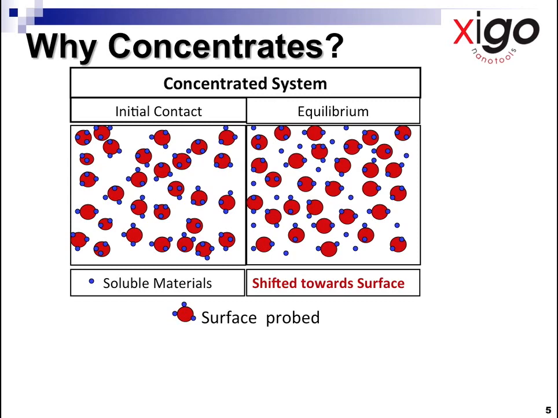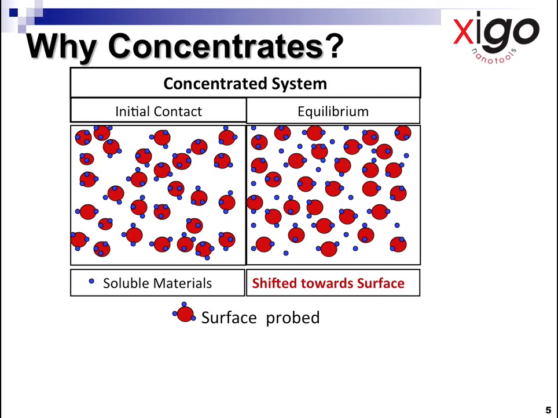So what we see is, in fact, in here, the equilibrium is shifted towards the surface because there's only a small amount of soluble material, because at some point, because you have high concentrations of particles, you reach the solubility limit of anything that's there, and nothing else will basically dissolve.